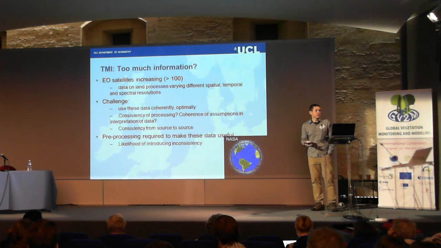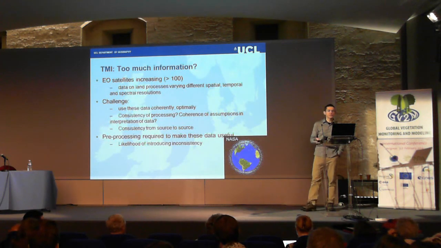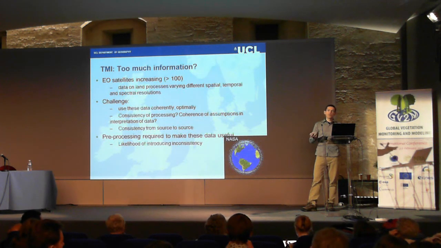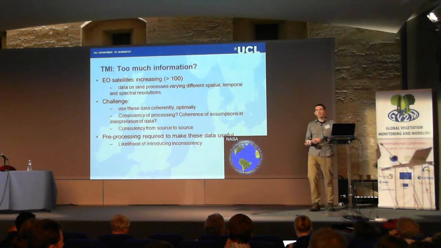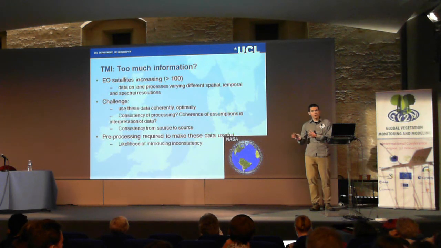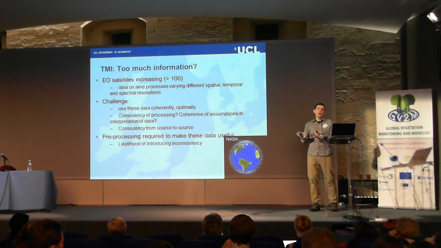But in general, what I mean here is consistency of processing, consistency of assumptions in the interpretation of data. That's a huge issue that becomes more and more clear when you try to do data assimilation: the conception of what we think of as being well-defined parameters between remote sensing data sets and then between remote sensing and Earth system models.